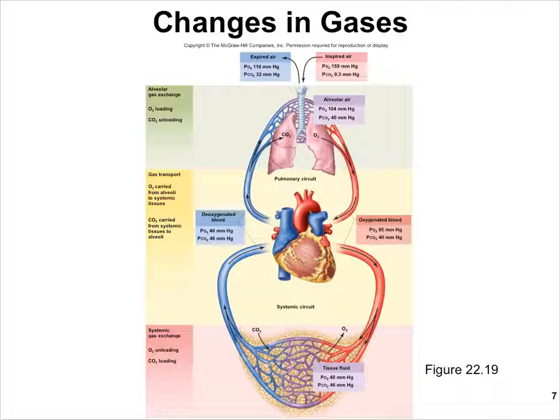So what happens here? Well, the gases are going to equilibrate inside of the alveoli in your lungs. And so that means that as much oxygen is going to move into your blood as can, and at that point the partial pressure of O2 in your oxygenated blood is about 95 millimeters of mercury, and that's pretty much fully loaded.